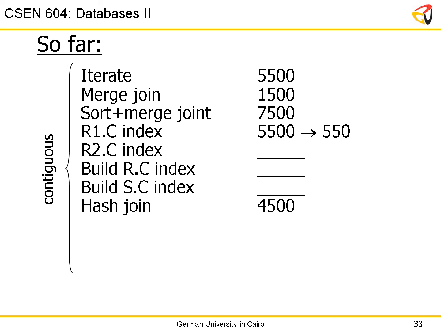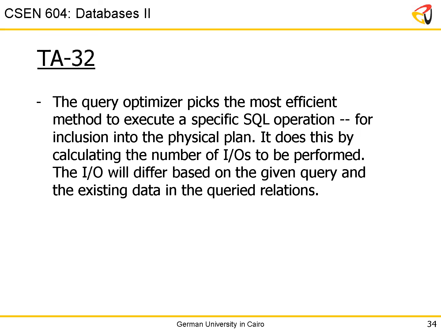Is it going to use merge join or iteration join and so on? So you might run a specific SQL statement, and then you print the plan and you see, okay, it's using merge join. Then you change the data and run the same SQL statement, and suddenly it's changing and telling you it's going to use hash join. So this changes from one run of the same SQL statement to another.